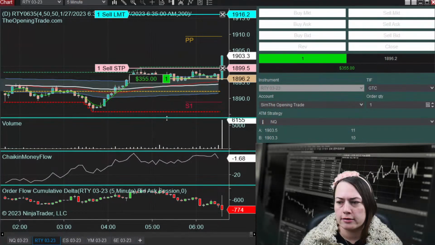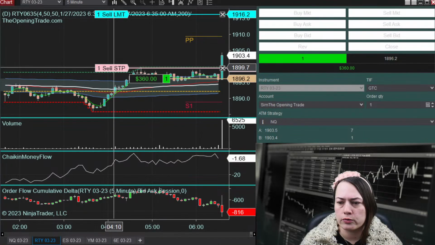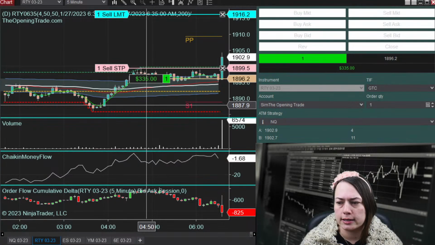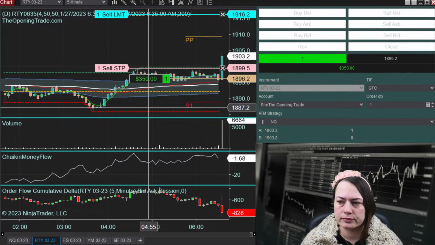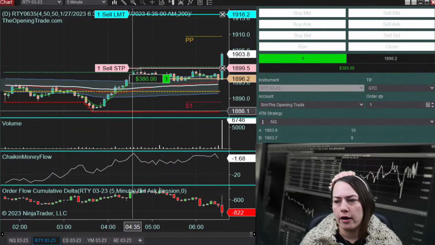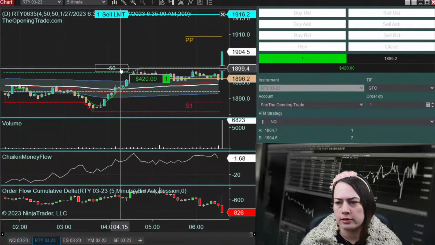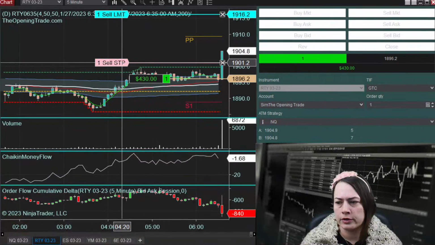So as you see, I'm just slowly bringing up my red line. So if the market turns around on me, it will close it when it hits that red line. But we want it to go to the blue line, so we're like pushing the line, you know? We're trying to close the range of where it will stop. All right, I'm going to move it up again.